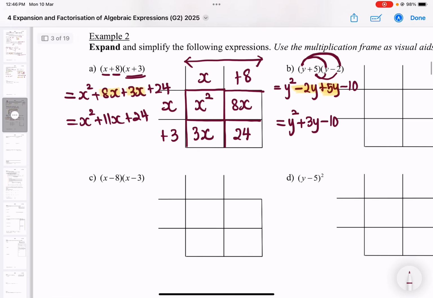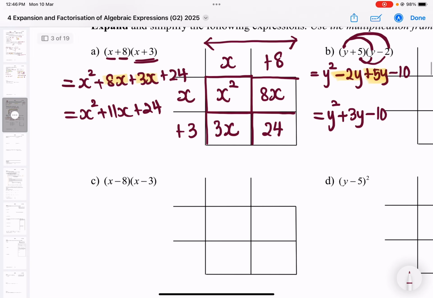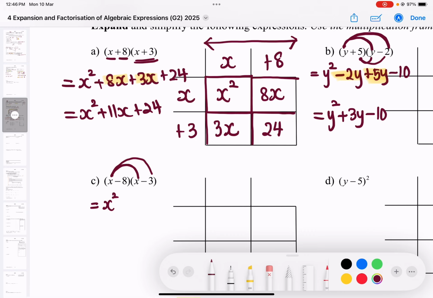Now let us look at part c. So similarly, multiply each of the terms in this bracket with the terms in the second bracket. Do it in an orderly manner so you don't miss out any of the expansion. So I'm going to start with the x and I multiply with the x. So that's going to give us x squared. Next, I'm going to multiply the x with the negative 3. So that's going to give me negative 3x.